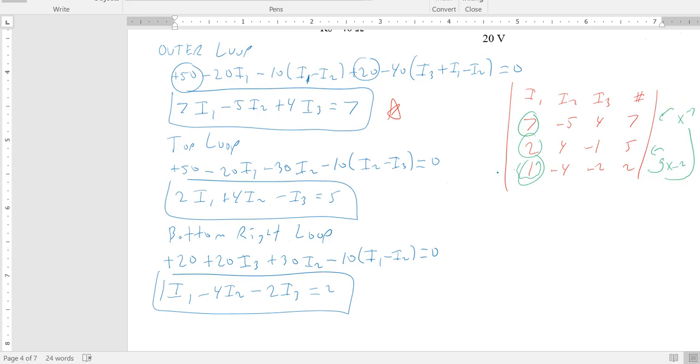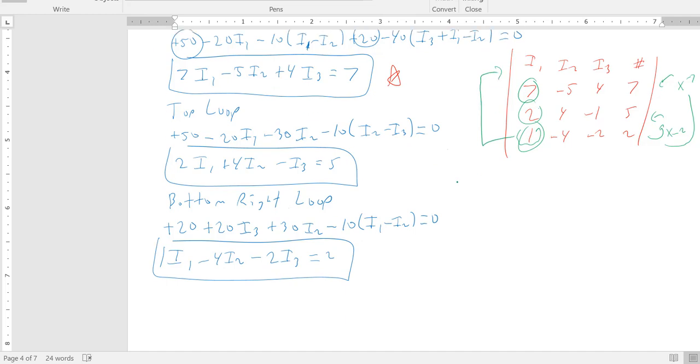I'm also going to take this equation and write it up top here, so that way it's just easier to see. Okay, so if we do that, we have our 1, -4, -2, and 2. The middle equation, which will be this one here, the 2 is now gone, right? Because we added this to that.